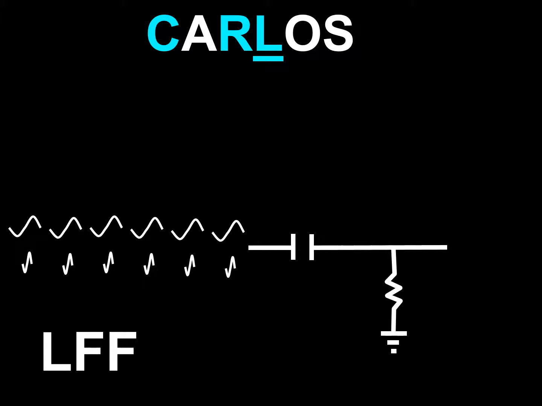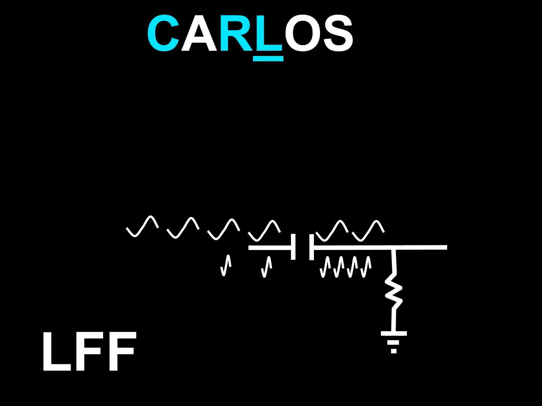I will use this representation to explain the concept of how filters work. In this case, how low frequency filters work. The capacitor, as you know from prior talks, will allow fast frequency waves to go through while limiting the passage of slow frequency waves.